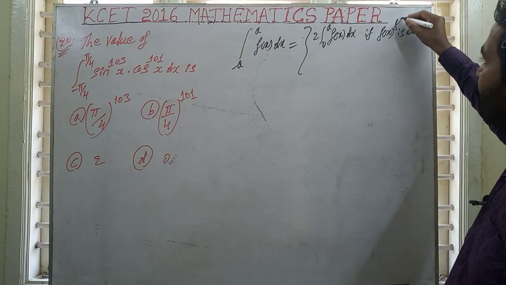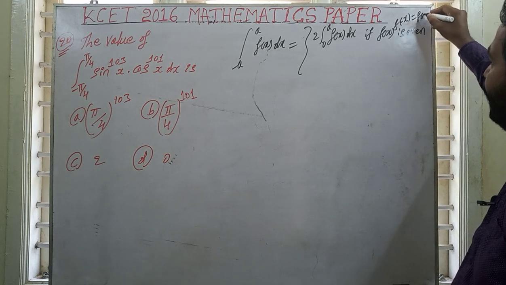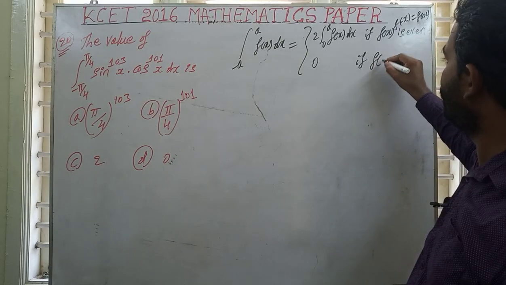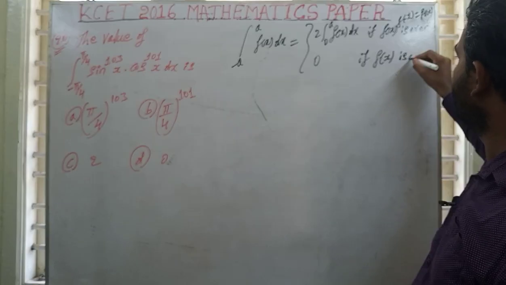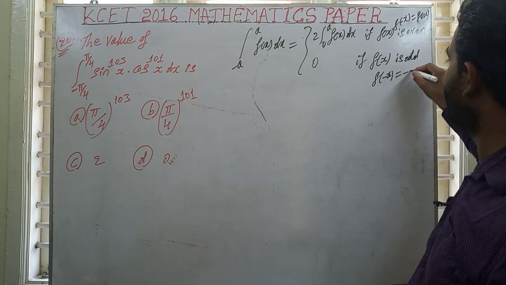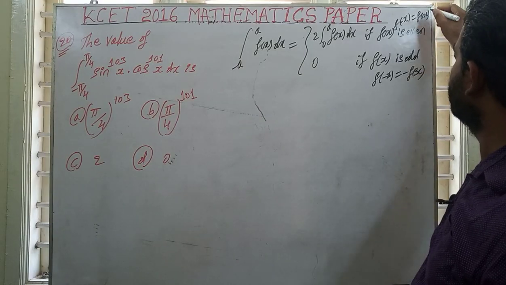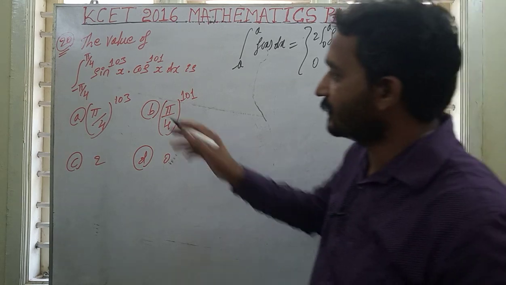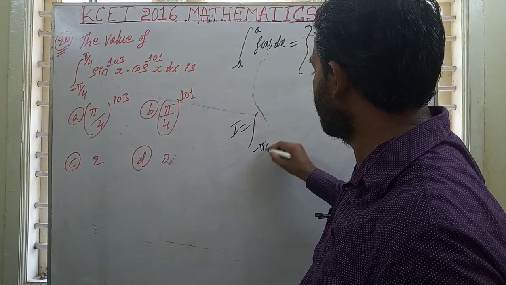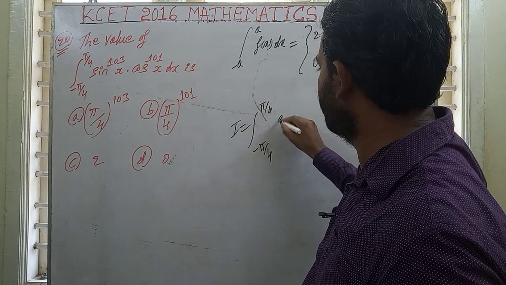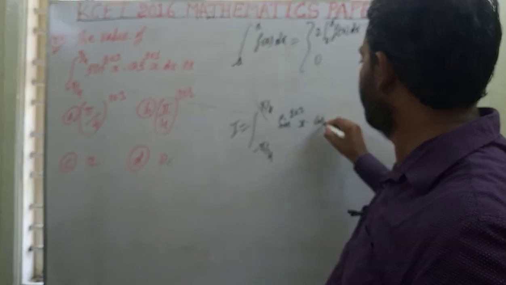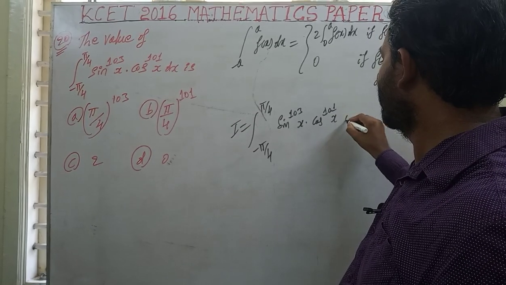That is, f of minus x is equal to f of x. And it is 0 if f of x is odd, that is, f of minus x is equal to minus f of x. So in this question, let I be the integration from minus pi by 4 to plus pi by 4 of sin to the power of 103 x into cos to the power of 101 x with respect to x.